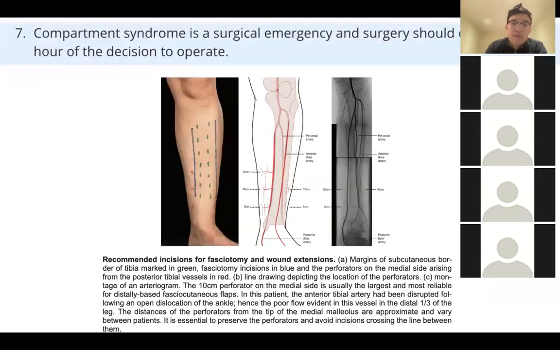And this is probably the most famous leg I can tell from BOAST, where it tells you where exactly you need to draw to decompress the compartments. And I'll explain what those actual lines are. And if some of you have drawn on a piece of paper what you think those lines are, we can tally it up. Okay.